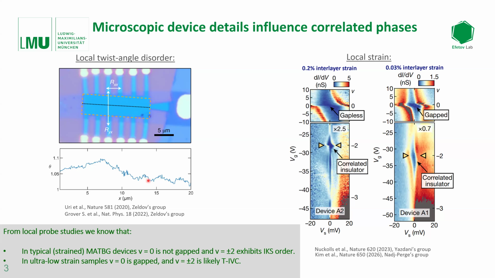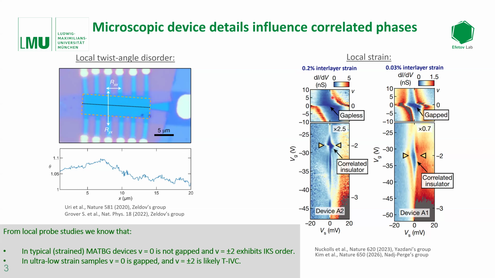Okay, and for example, this is also some data from the group of Ali Yazdani, where in STM they can actually measure the environment around the probed area, and they can estimate the strain variation there. They also found that, for example, in devices with 0.2 interlayer strain or 0.03, almost strain-free devices, there were quite some differences in the spectra.